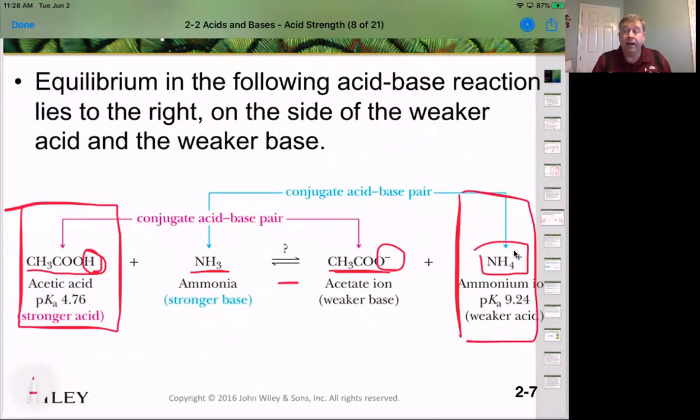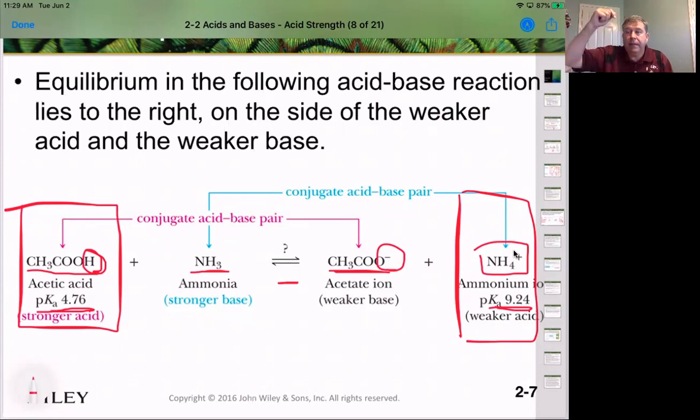And by comparing the pKa values, we'll see which direction it lies. Our pKa value here is 4.76 and our pKa value here is 9.24. We're not looking at absolute value. We're looking for the one closest to a negative number, the one closest to 0, is the strongest acid.